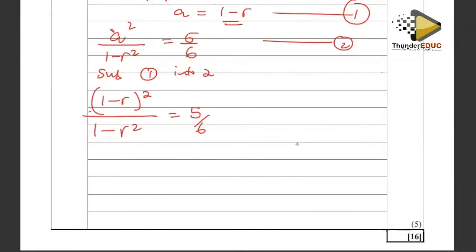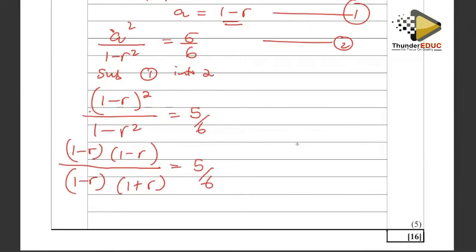Let's expand the top one, which is 1 minus r, into 1 minus r. Let's use a difference of 2 squares at the bottom, 1 minus r, then 1 plus r should give us 5 over 6. So this cancels that. Let's try to cross multiply at this point. So 6 into 1 minus r should give us 5 into 1 plus r.